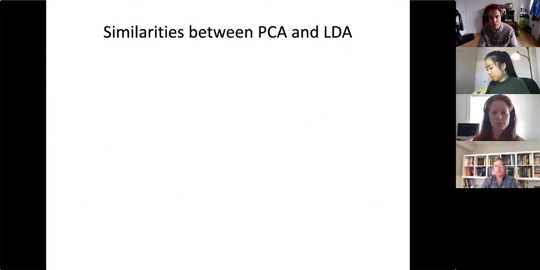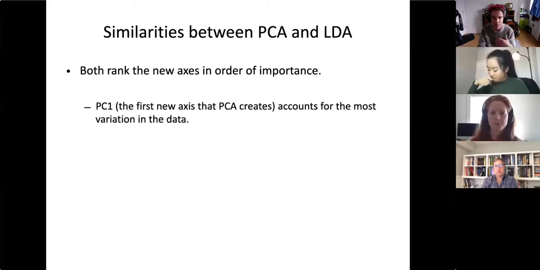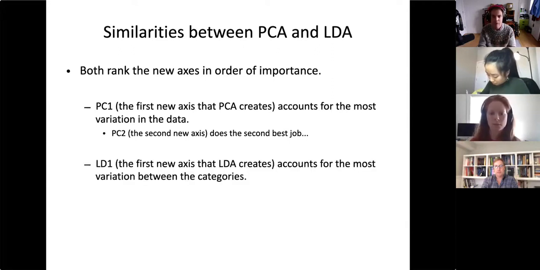So the similarities between PCA and LDA are that both rank the new axes in order of importance. PC1 is the first axis that PCA creates, and it accounts for most of the variation in the data. PC2 is the second new axis, and it does the second best job. Just like that, LD1 is the first new axis that LDA creates, and it accounts for the most variation between the categories.